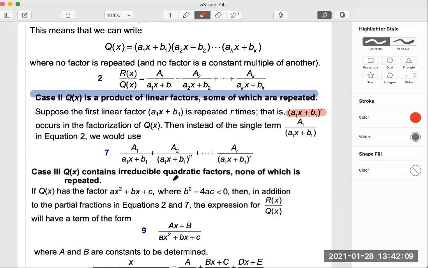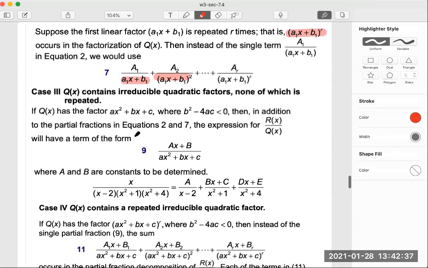Look, the denominator is a linear function. The numerator is 1 degree lower, which is a constant. Very special. And here, it will be the sum of the first order term, and then the square of these, and then up to the power r. In the third case, the denominator has an irreducible quadratic factor.